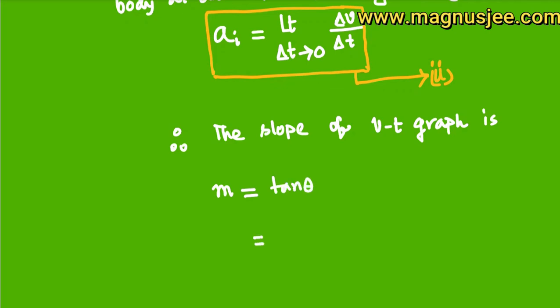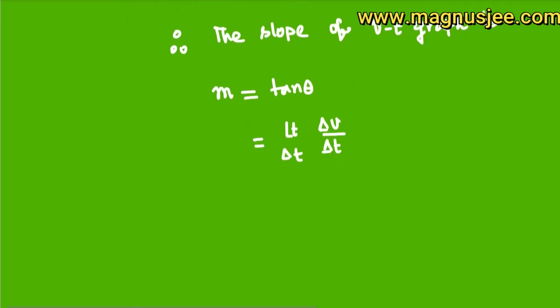Small m is tan theta, where theta is the angle subtended by the tangent AT at the point A with the time axis. In place of tan theta from equation 1, we can write limit delta t tends to 0, delta v by delta t. Therefore, m equals a_i. Here it should be limit delta t tends to 0.